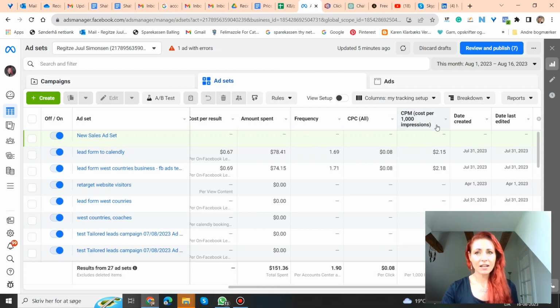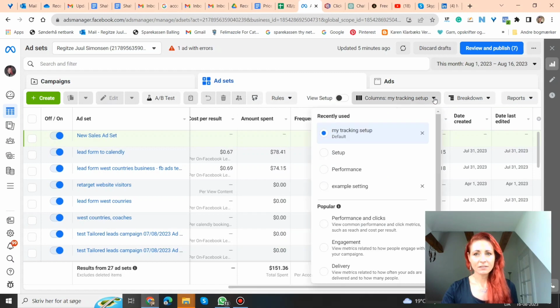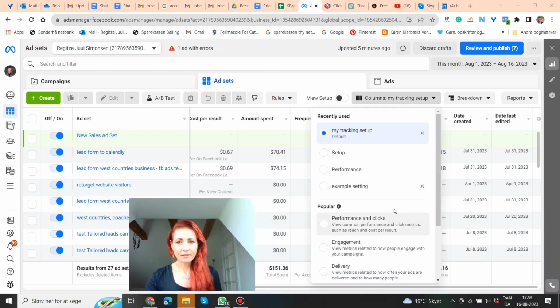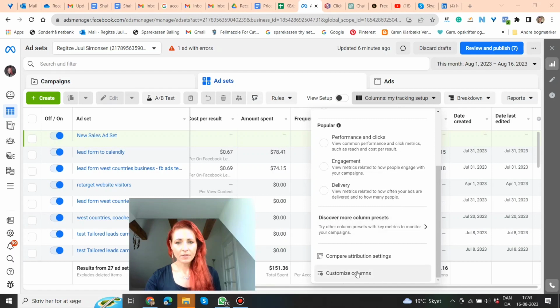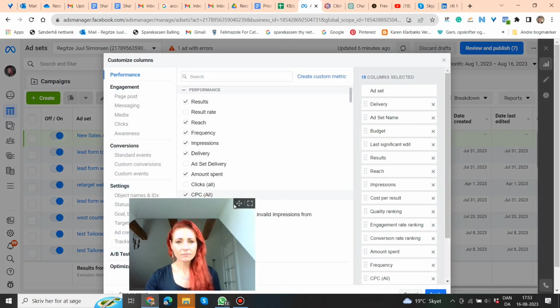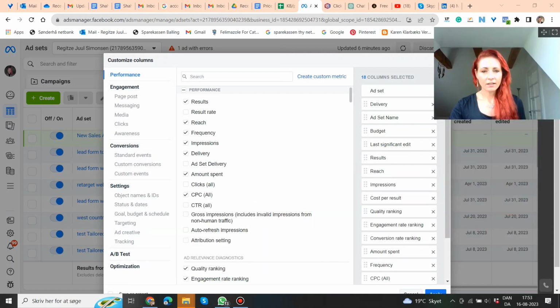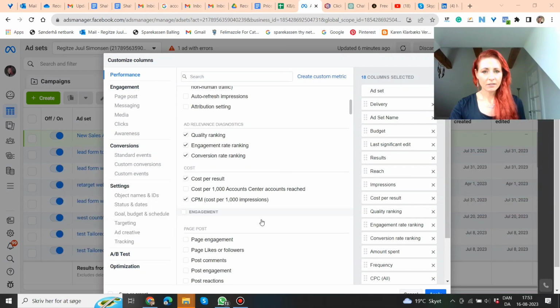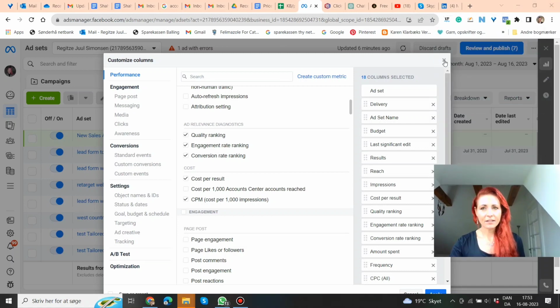But if it's not, then you can find it here under columns, and then I'll move this a little bit. Then you scroll all the way down. Then you can customize columns, and here you can find it there under cost, CPM there.